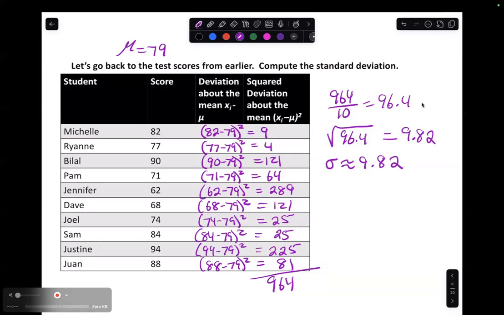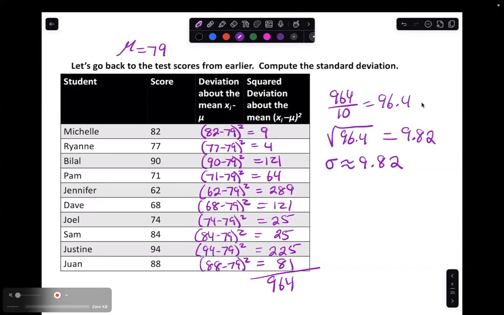It's telling us the average distance each value is from the mean. So for these test scores, on average, the test scores are 9.82% away from that 79% mean.